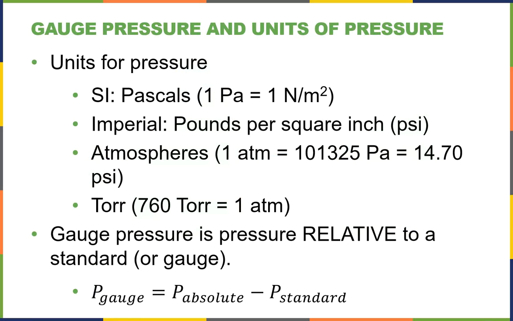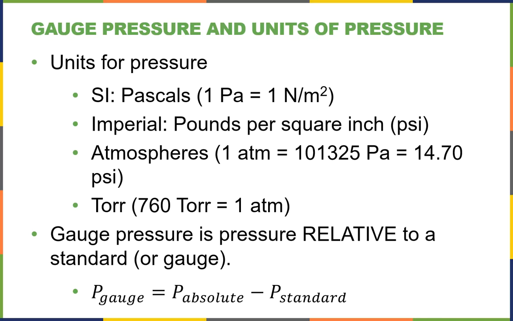Units of pressure and what gauge pressure is. Since pressure is force over area, the SI unit is a Newton divided by a meter squared. Area is length times distance, so meters squared. So Newton per meter squared, we call a Pascal. That's the unit for pressure. That's the standard unit. But then I have some other ones here. The imperial unit. Imperial, that's stuff like feet, miles, and crazy things that don't make sense to most scientists.